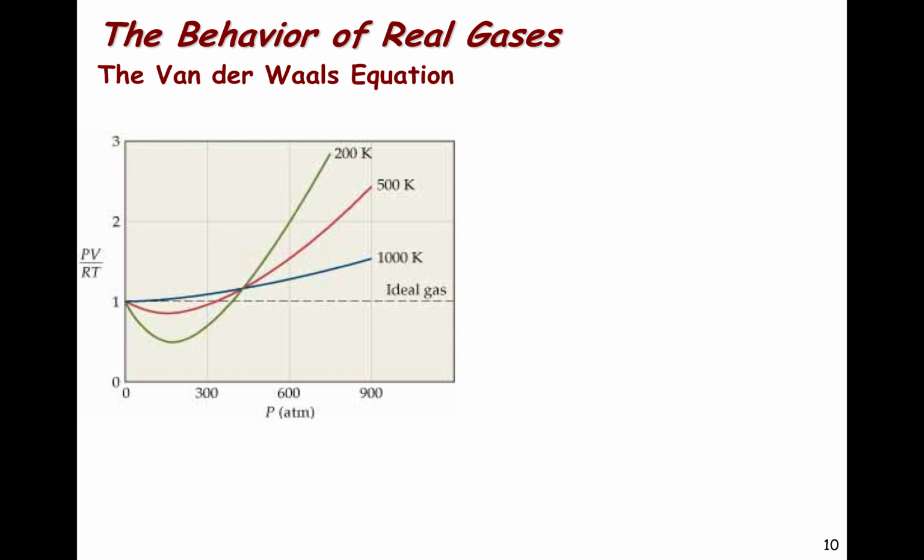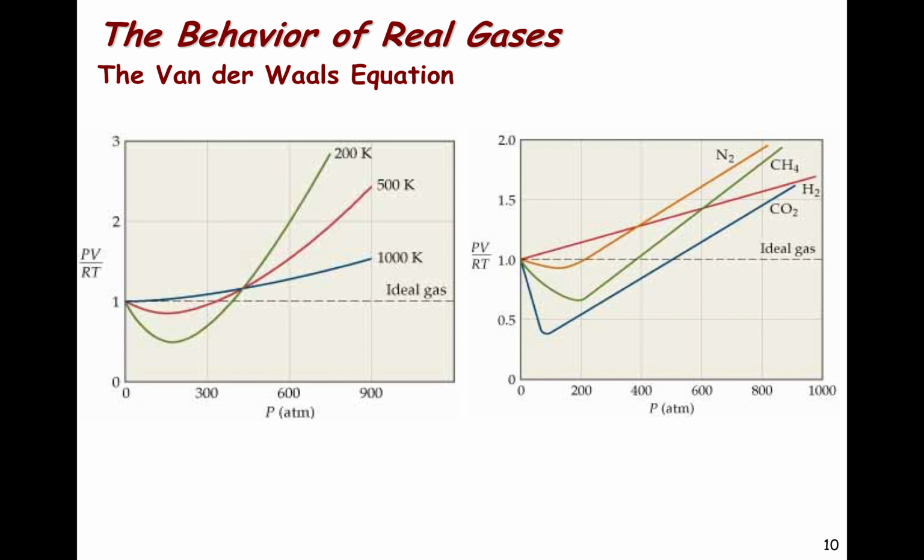The behavior at high temperature is fairly close to that of the ideal gas, but as the temperature decreases, the average kinetic energy of the molecules decreases, and hence the collisions between the molecules on occasion can result in sticking. You see here in the green plot that at high pressures there's a really significant deviation to values greater than 1, but at low pressures the deviation is to values less than 1.